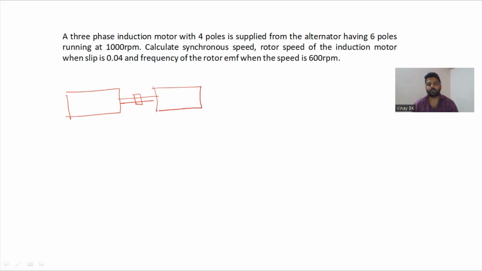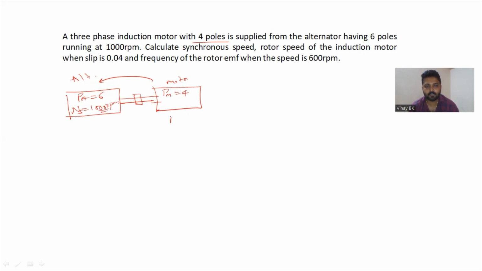This motor, a 3-phase induction motor with 4 poles, so Pm is 4, is supplied from an alternator having 6 poles, that is PA is 6, and this alternator runs at 1000 rpm. The alternator always runs at synchronous speed, so 1000 rpm is Ns of the alternator.